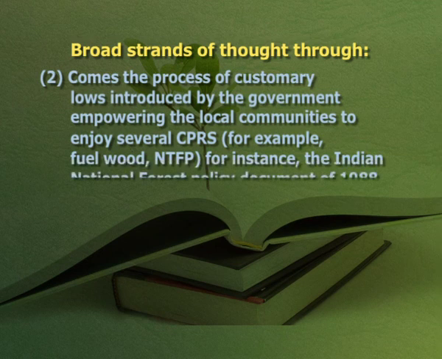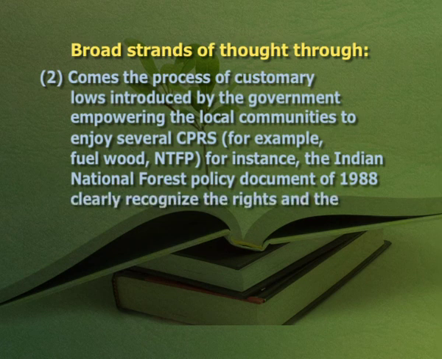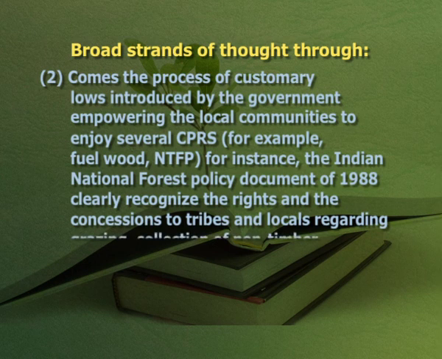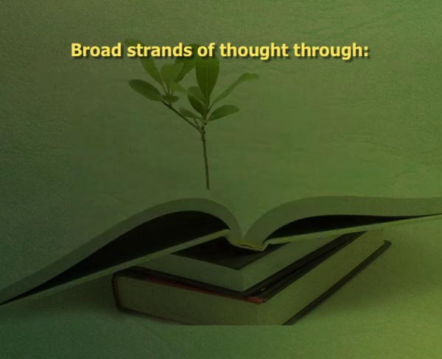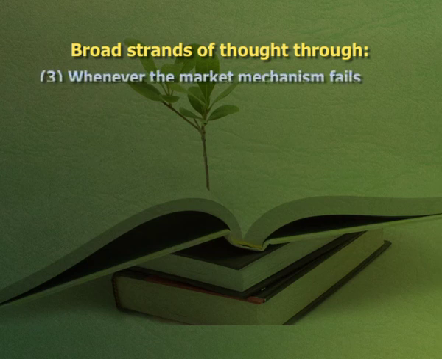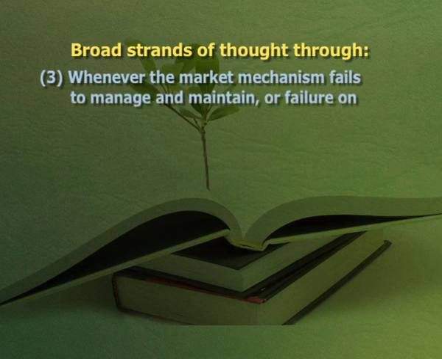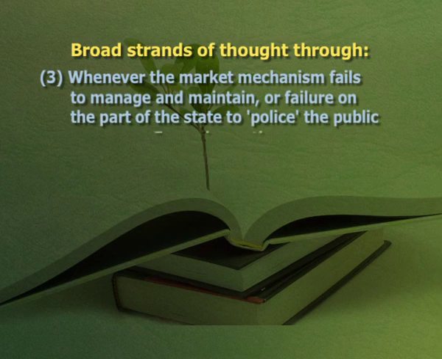For instance, the Indian National Forest Policy document of 1988 clearly recognized the rights and concessions to tribes and locals regarding grazing, collection of non-timber forest products, NTFP, etc. The third strand of CPR institutions emerges whenever the market mechanism fails to manage and maintain, or on failure on the part of the state to police the public resources.